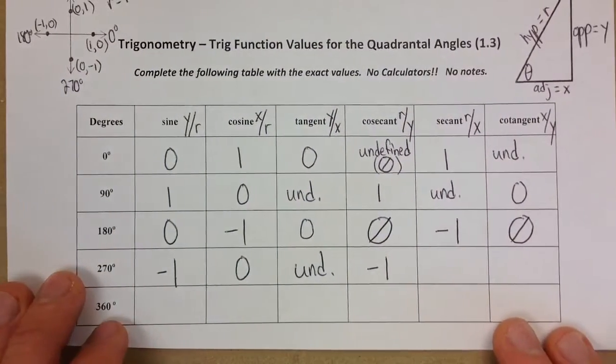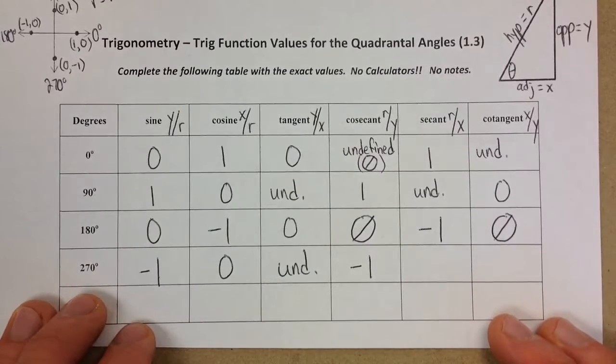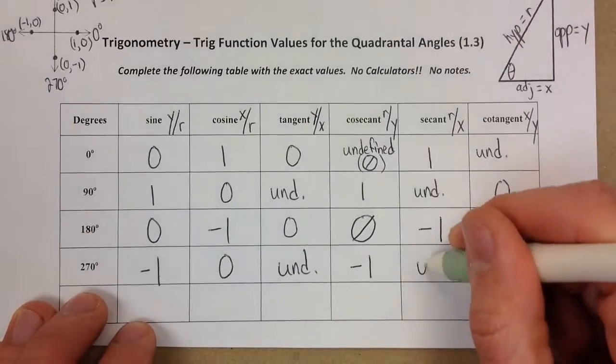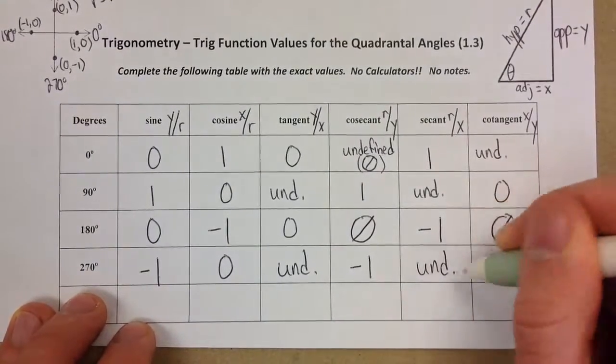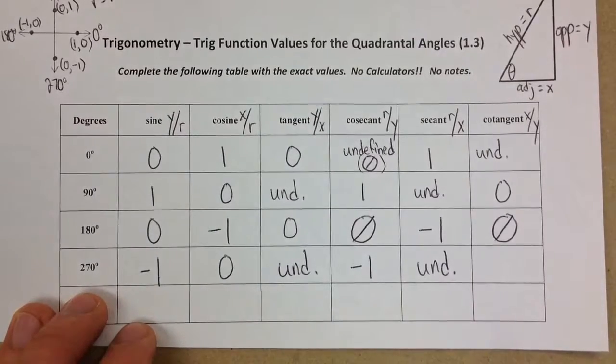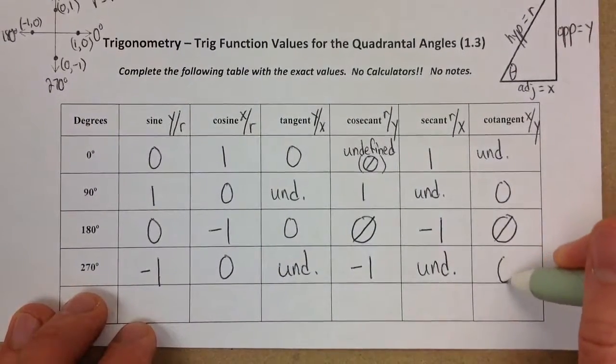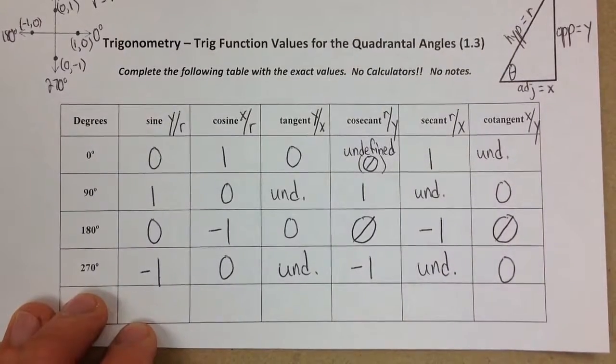Amber, secant 270? Undefined. It's the reciprocal of cosine, and the reciprocal of 0 is undefined. Nikki B, cotangent 270? 0. Any questions on the 270 row?